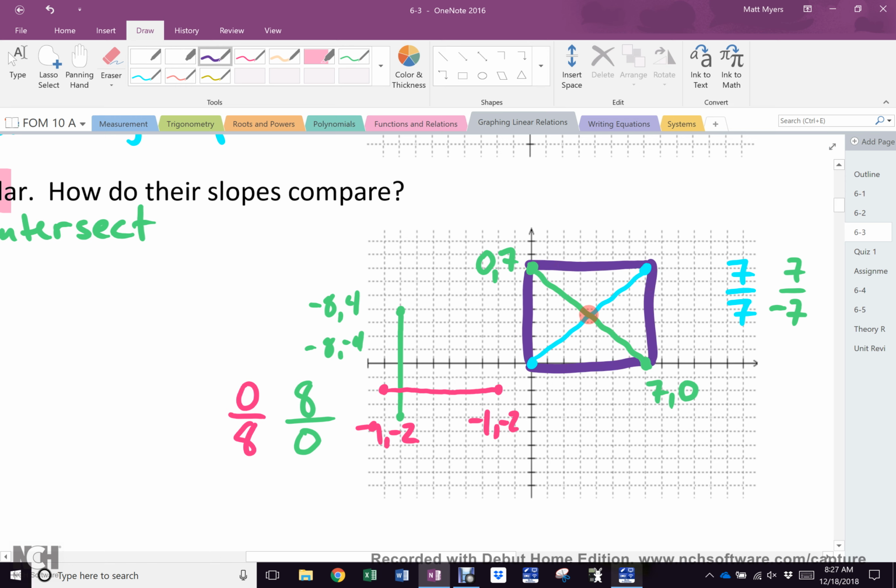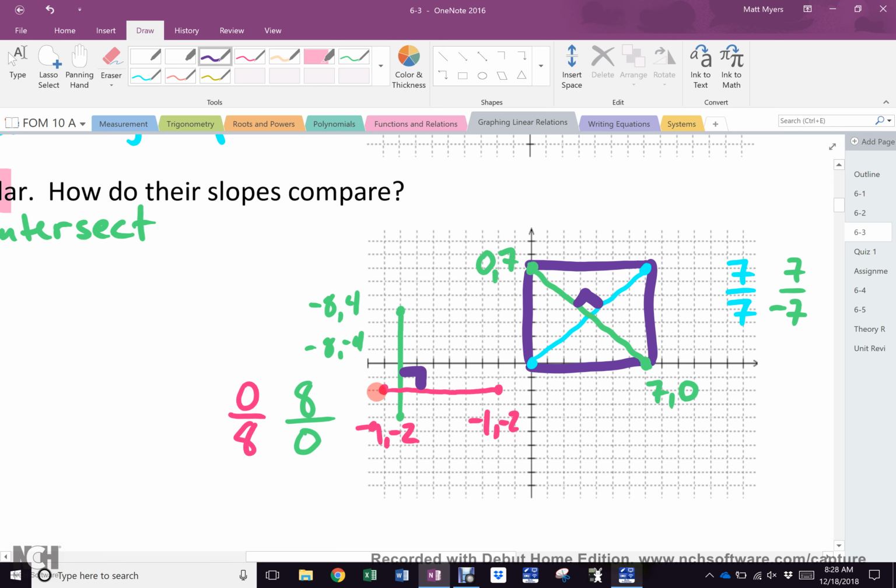So what do we know about the angle where the diagonals are going to meet? What must they be? They must be the same. And what are they? They're right angles, right? So these guys are also perpendicular, just like this guy, yes?